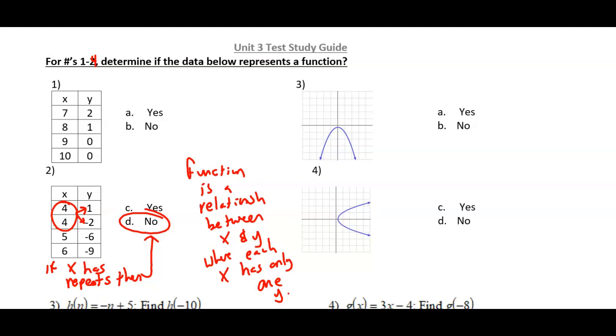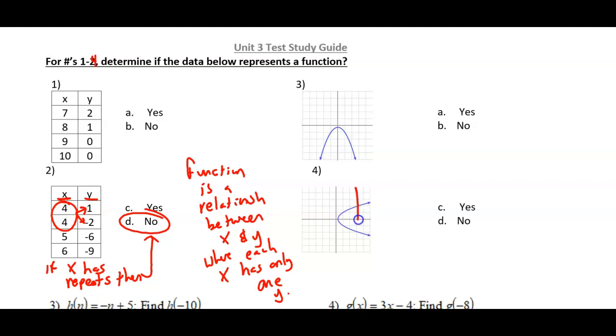Now I want you guys to understand the y column can have repeats and it can still be a function. That doesn't matter. What matters is you cannot have any repeats in the x column. Now for numbers 3 and 4, the way that we could tell if it's a function or not is by doing what's called the vertical line test.